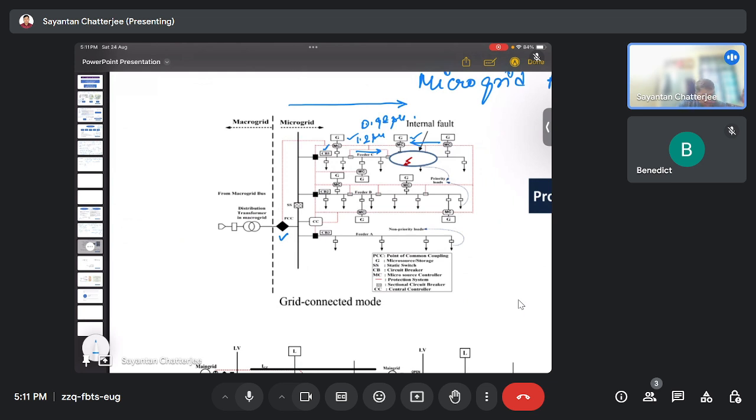So if there is a fault on this point, that fault would be fed by this grid, that fault would be fed by this upper part of the feeder. So there is a very good chance that this breaker would also trip.